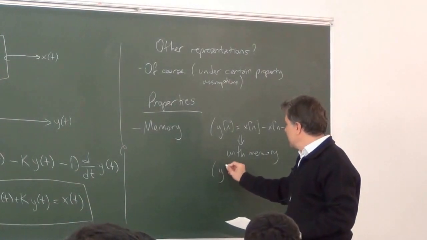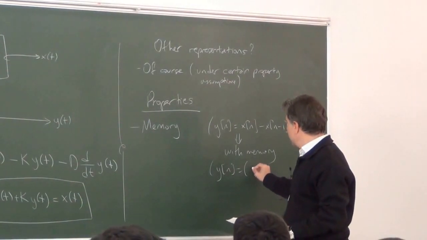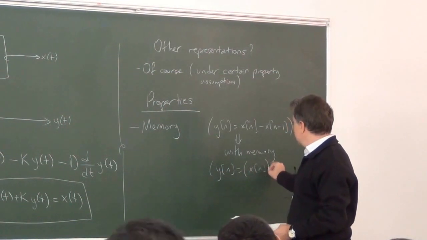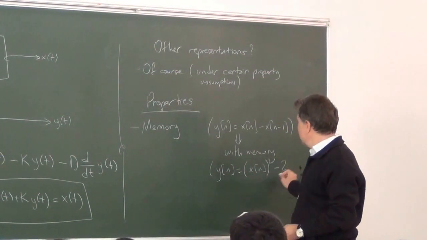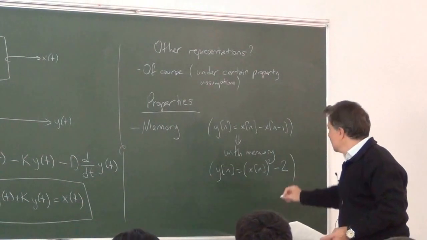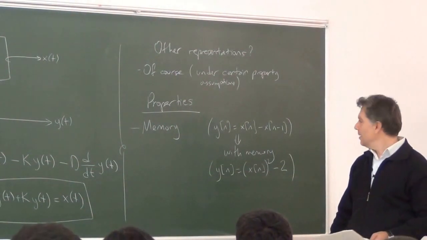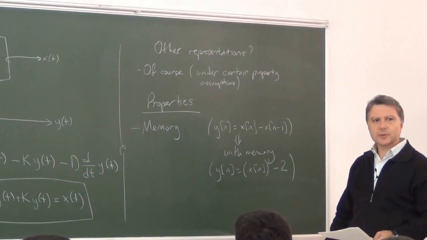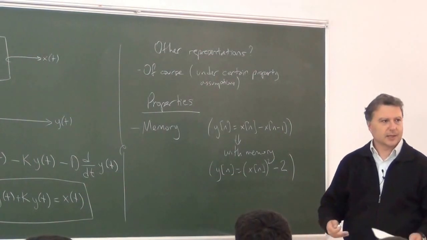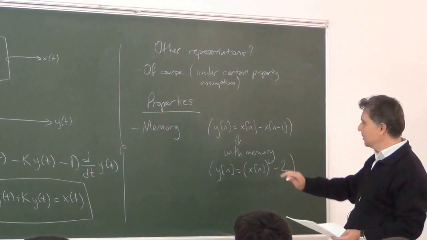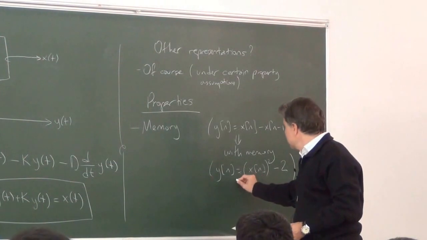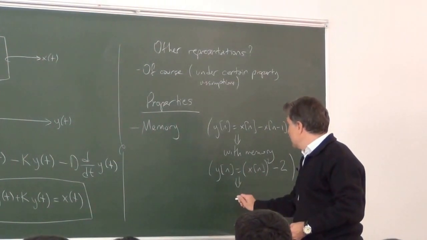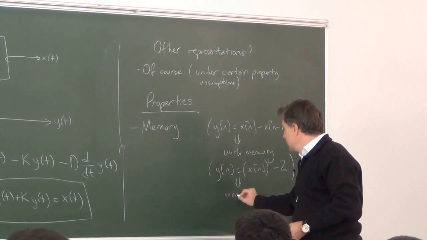But, for example, if y of n is equal to x of n squared minus 2, if this is your example, then there is no memory needed. We don't need to remember the past inputs anymore in the input-output relation. And such systems are called memoryless.